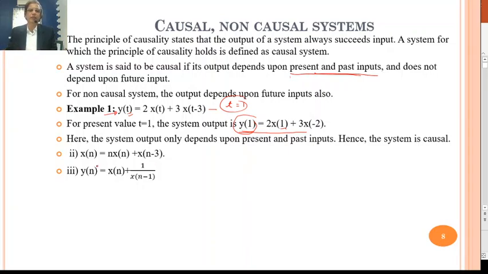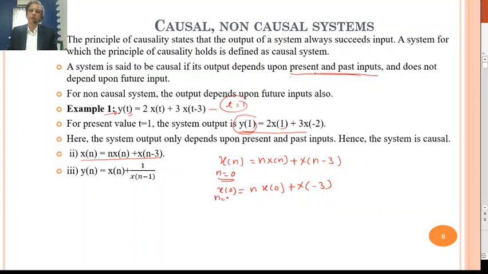Another example in a discrete time system is this one, that is y(n) = n x(n) + x(n − 3). Now for n = 0, the present value is x of 0, which equals n x of 0 plus x of minus 3.